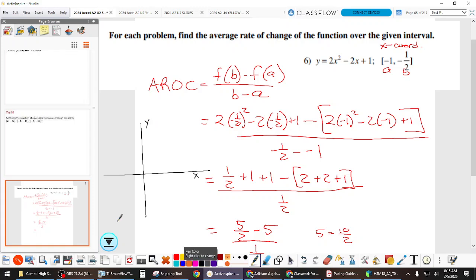Where's the vertex? 0.5 is what I got. Okay, so it's -b or opposite of b over 2a. So opposite of -2 over 2 times 2, which is 1/2. Right? It's 2/4, which is that.